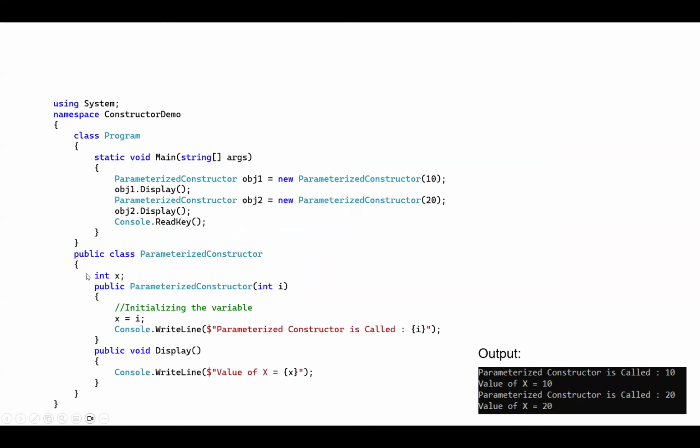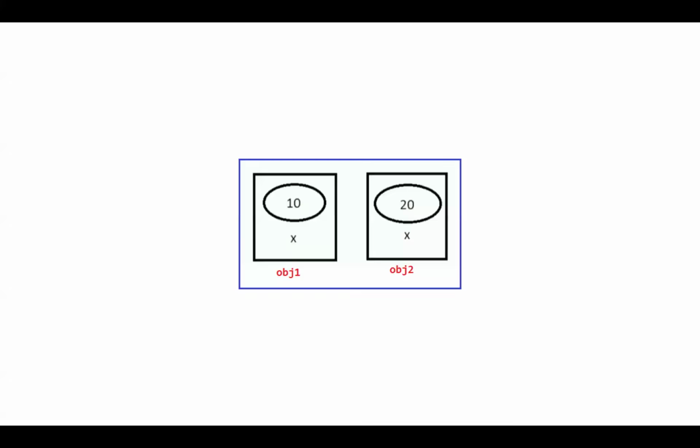So it prints the default value. In this case, we can use it. So as we have created two instances separately, object 1 and object 2, internally two copies of the x variable are available in memory for us.